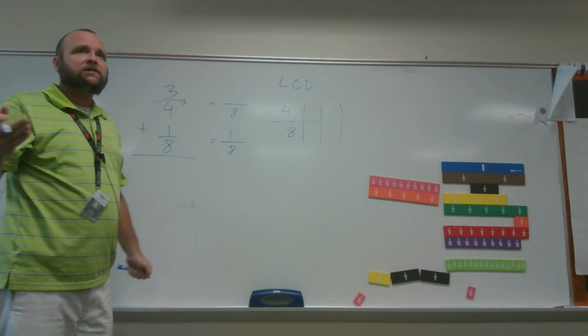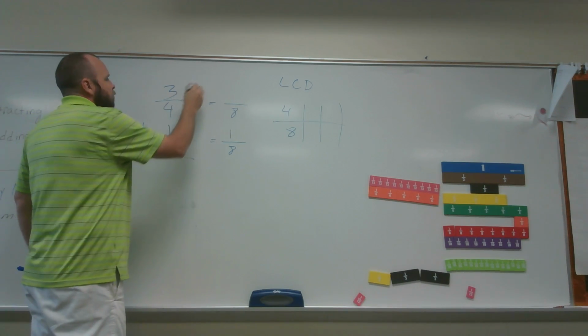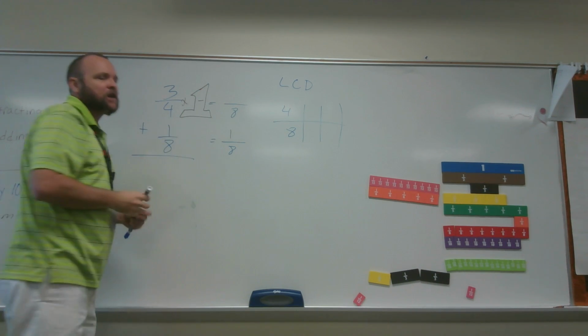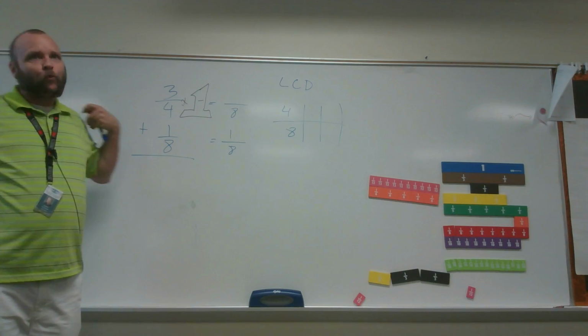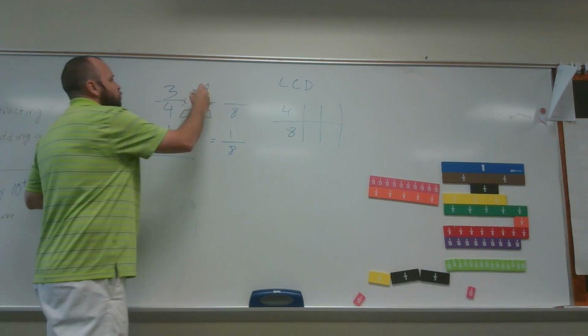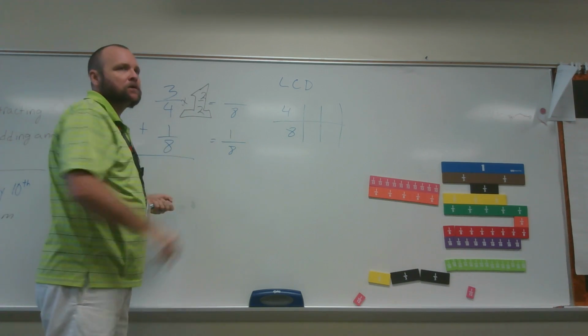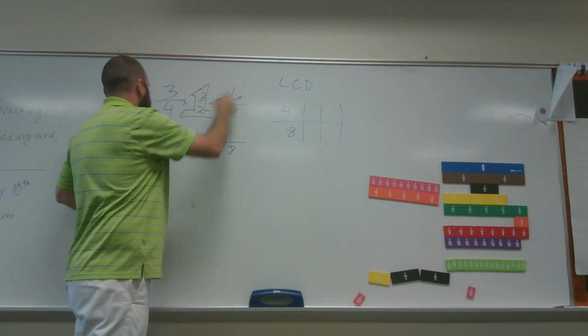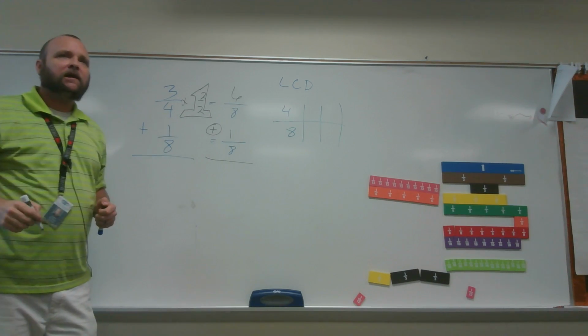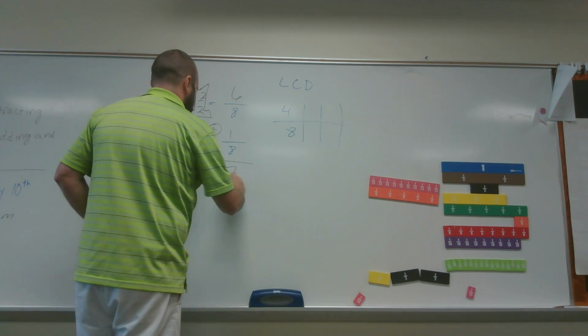And as Jocelyn's pointed out so many times, if you multiply by a fraction that equals 1, it doesn't change the value. It just changes how it's written. So what am I going to put here, Evan? 2 over 2. 3/4 equals 6/8. It's an addition problem. 6/8 plus 1/8 is 7/8.